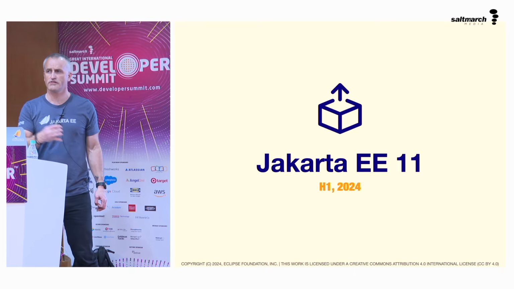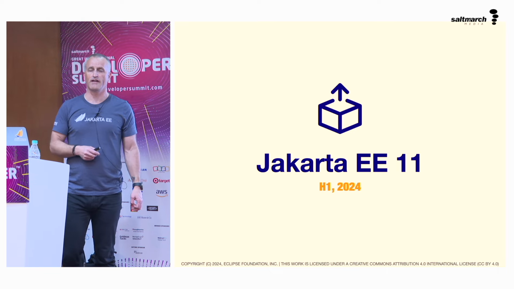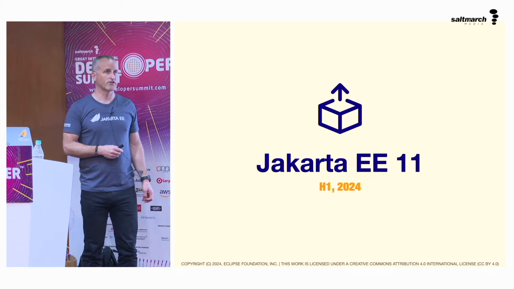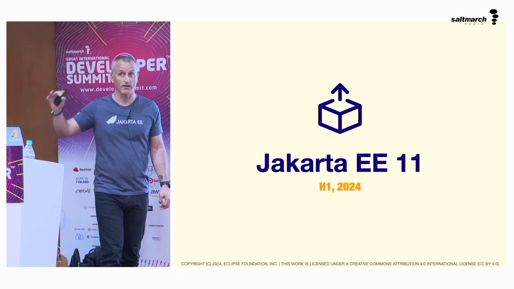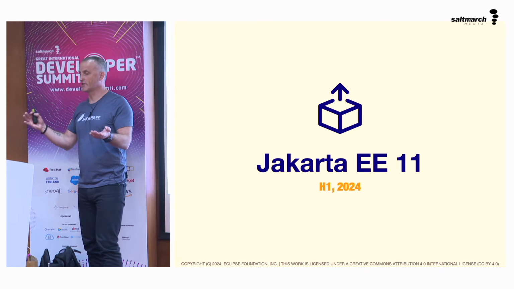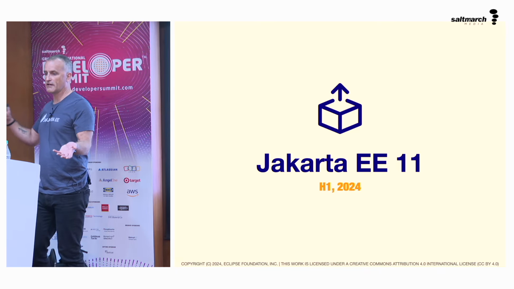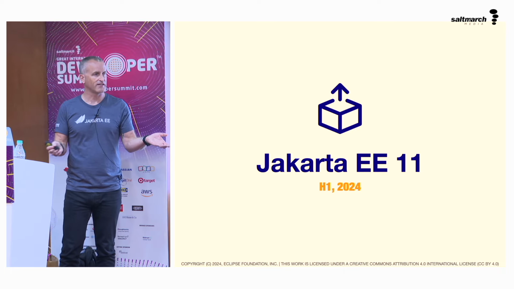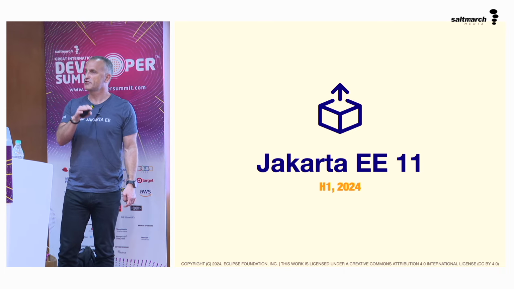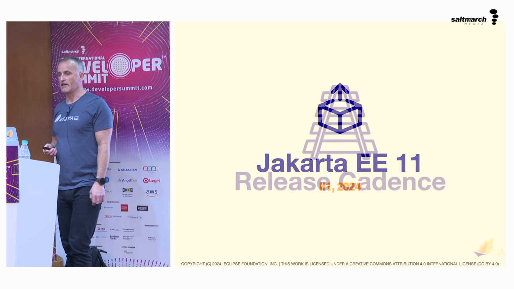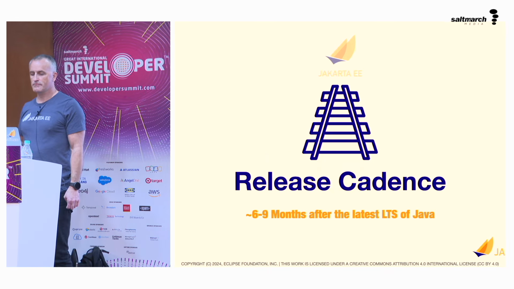Like in August or September, I think you'll see Jakarta 11 features in your Spring Boot applications, because they like to stay on the latest version of Hibernate, for example, and Hibernate will pull it in. And they will update to Tomcat 11, and you'll have Servlet 6.1. So you'll get these things without actually asking for it or knowing about it, just by upgrading your Spring versions, which you always should do. Stay on the latest version, and you'll get Jakarta 11 in your application.